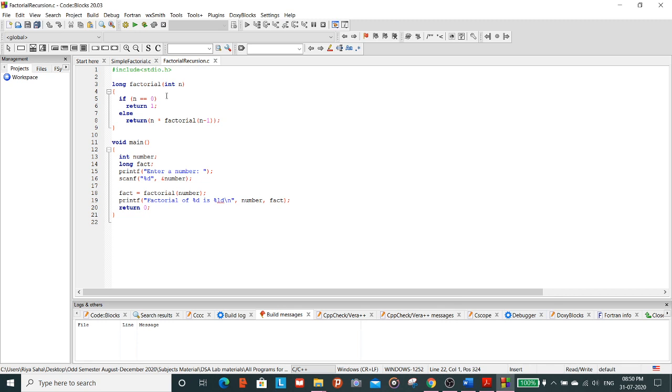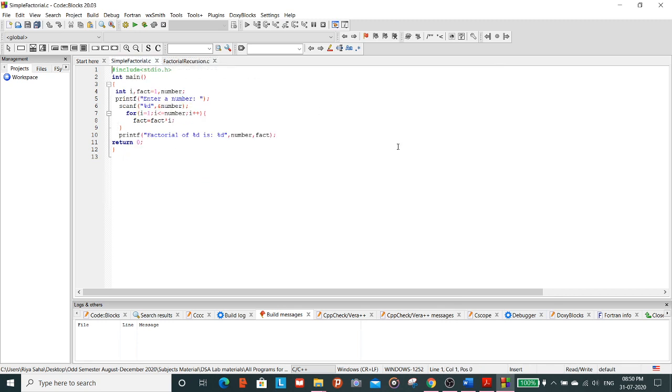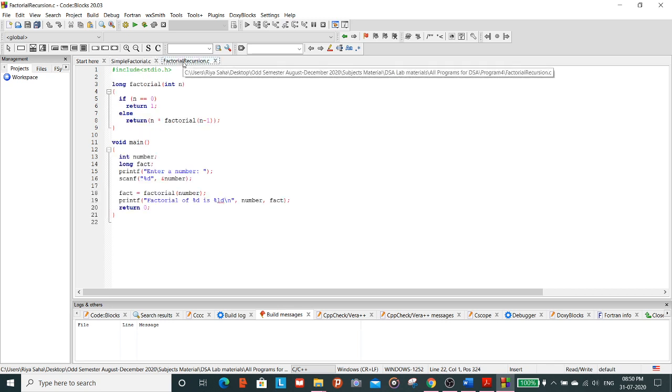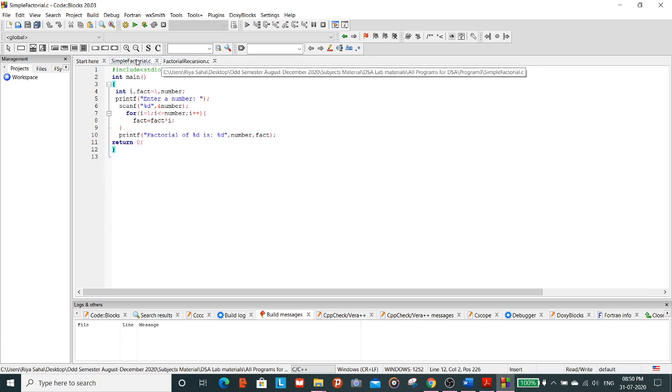Now let's discuss the programming part. Basically we need to write two programs. The first program uses a loop and the next program uses a recursive function. Okay, so here it is.